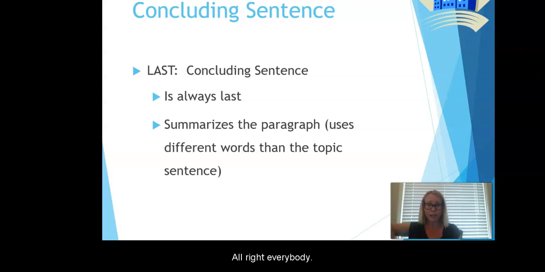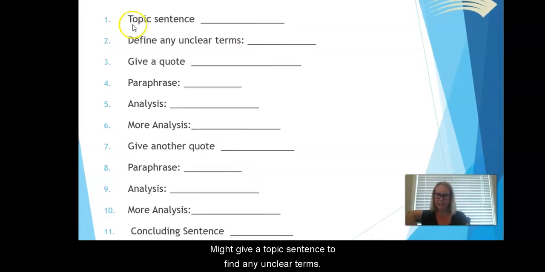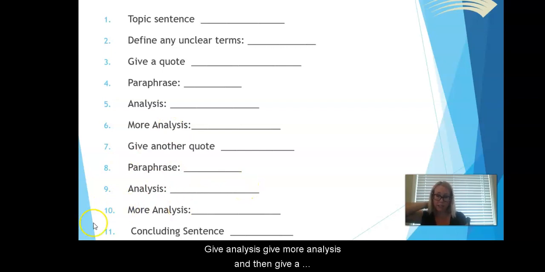All right, everybody. A body paragraph structure might look like this. Might give a topic sentence, define any unclear terms, give a quote, paraphrase that quote, give analysis, give more analysis, give another quote, paraphrase that quote, give analysis, give more analysis, and then give a concluding sentence.